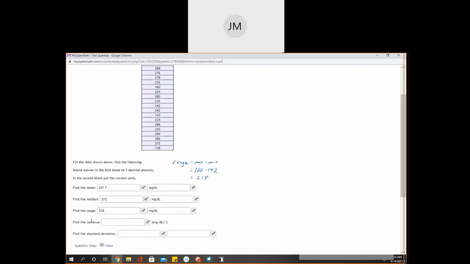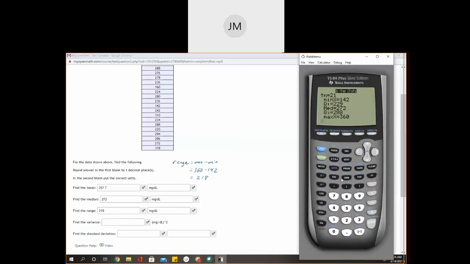We'll come back to variance in a second. So find the standard deviation. When I go in my calculator, it gives me two of them, an S and a sigma. Those are both symbols for standard deviation. S was for a sample and sigma was for a population. But what we did here is we took a sample of 21 people.